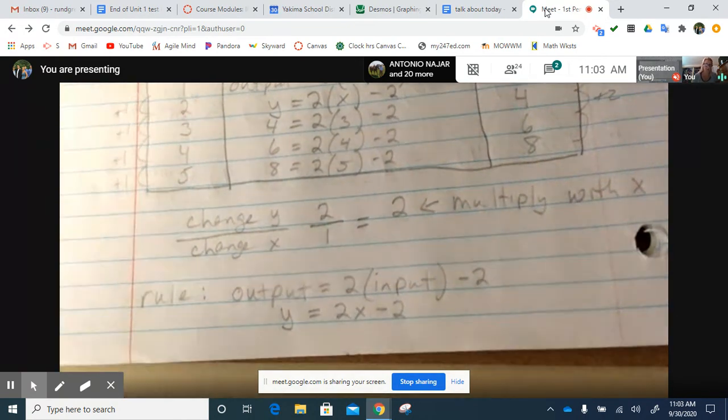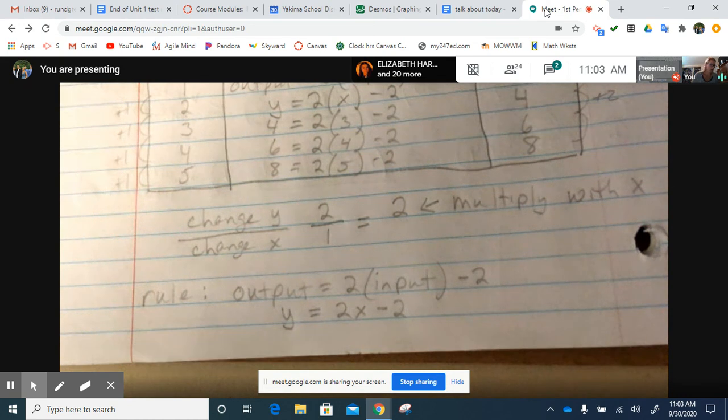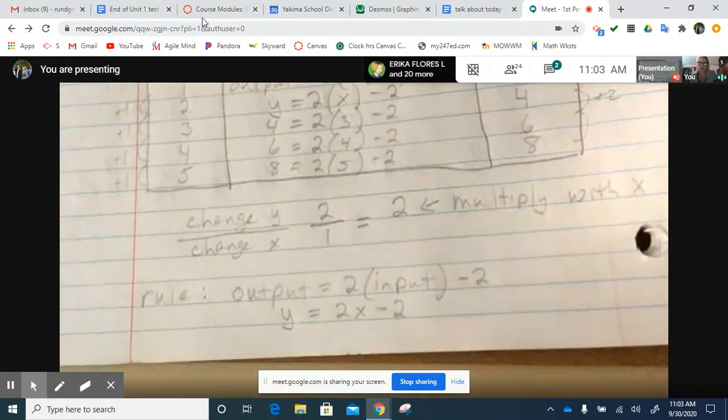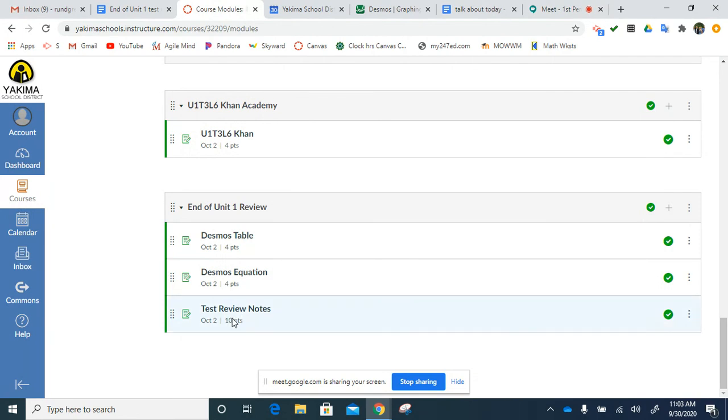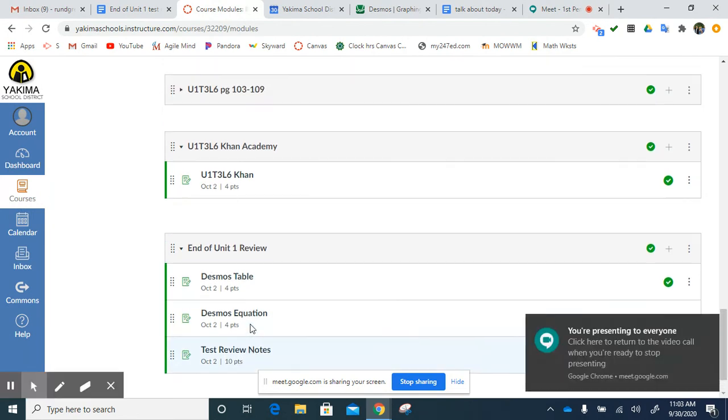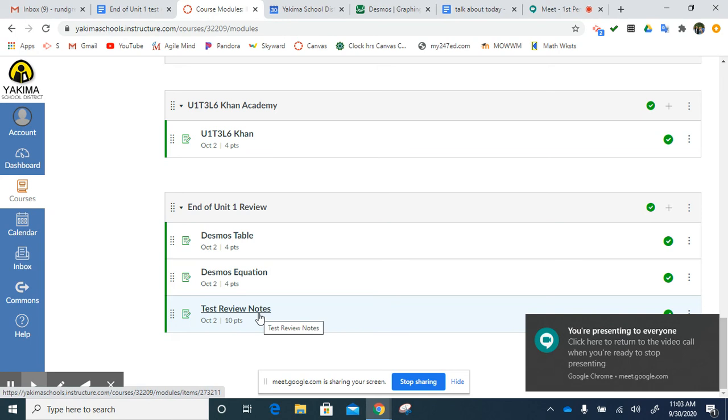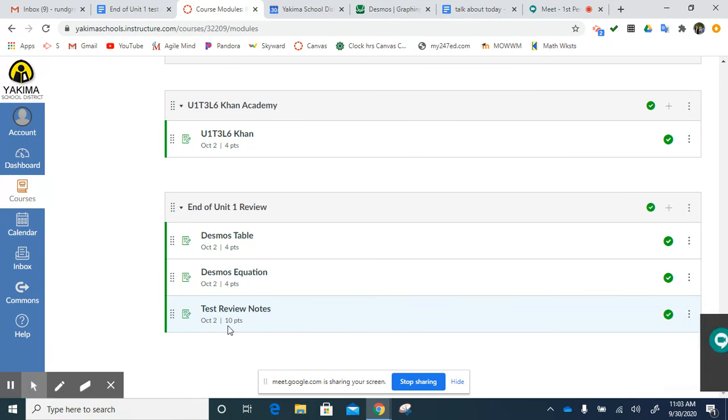So if you want to go get your free A right now, go ahead and take a picture or video and then post it into Canvas. You're going to be putting it right here. Test review notes. Oh, and I made this worth 10 points for you. Give you a nice little boost. So you can go ahead and submit your notes right now if you want to.